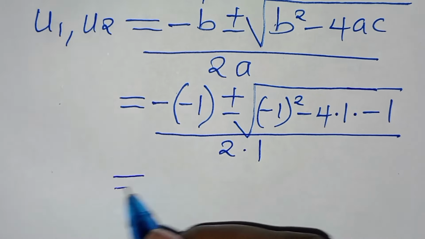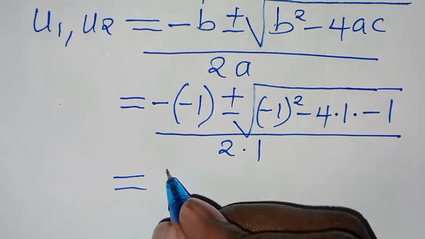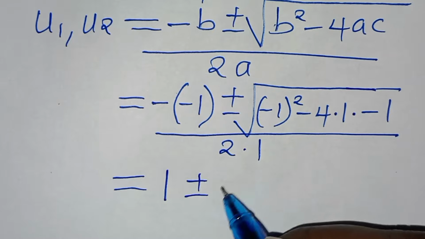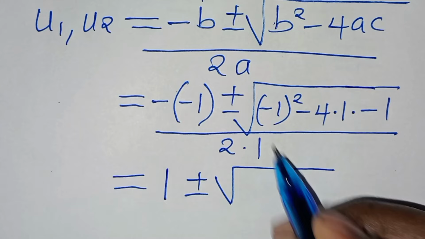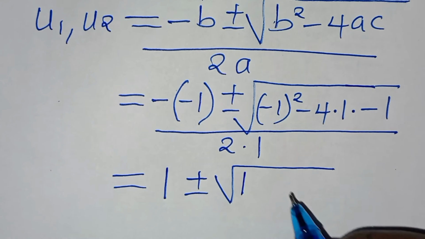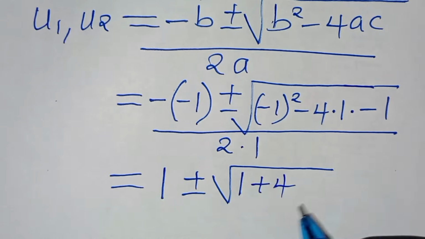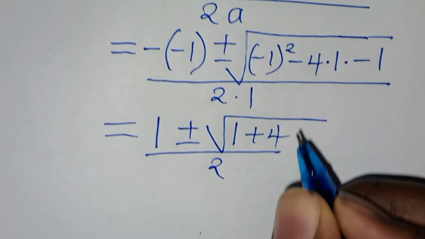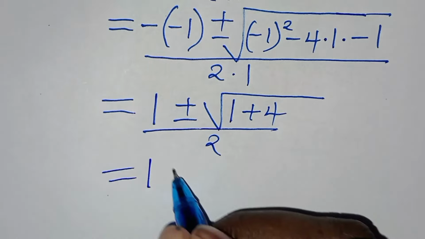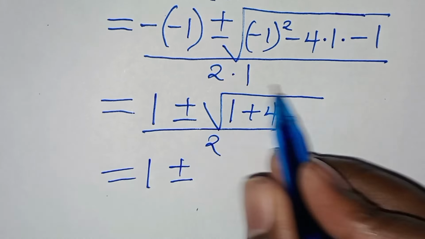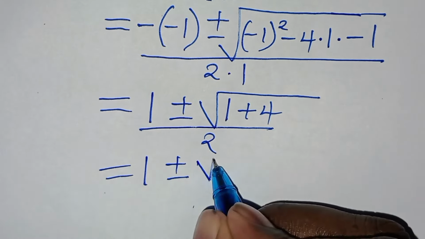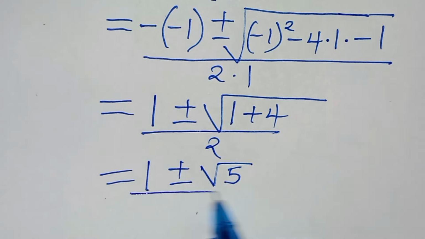So this implies that here, minus times minus 1, this is 1, plus or minus the square root of minus 1 squared, this is 1, then minus 4 times minus 1, this is plus 4, over 2. So here we have 1 plus or minus the square root of 1 plus 4, this is square root of 5, over 2.